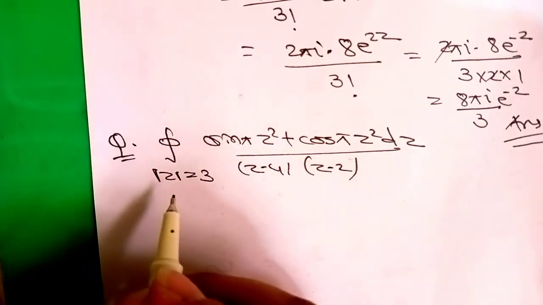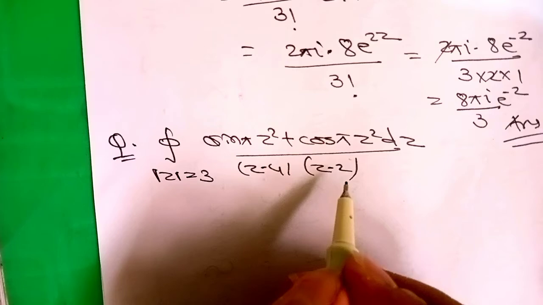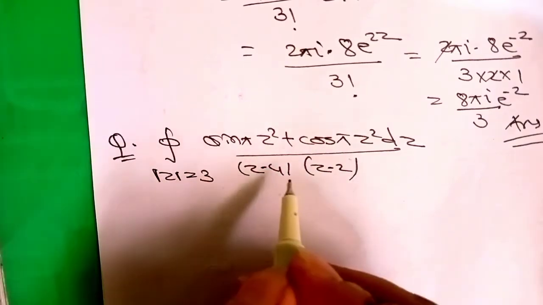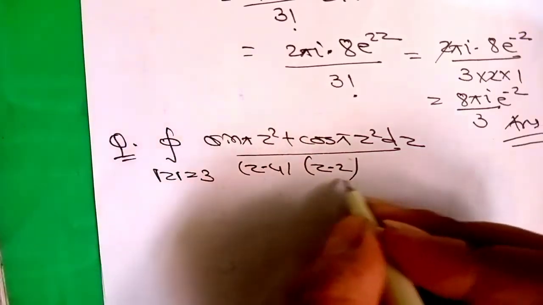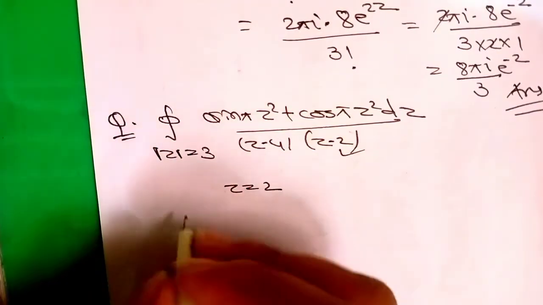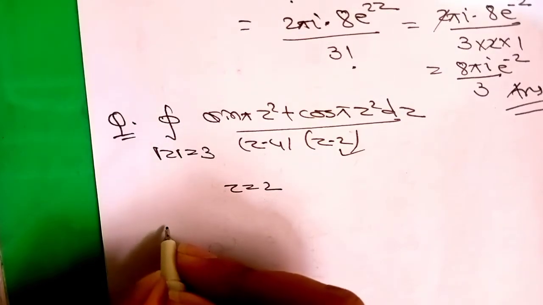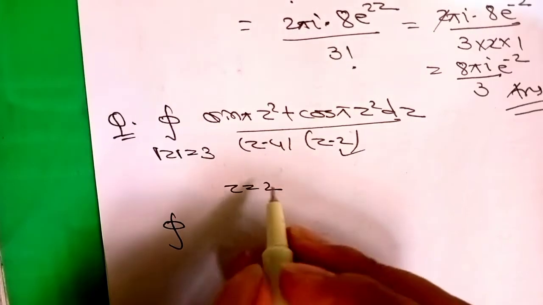Here we draw a circle with center 0 and radius 3. It is very clear that 2 comes inside this circle, but 4 is outside the circle with radius 3. So the only singularity is z equals 2. Now we can write the contour. What is our f(z)?